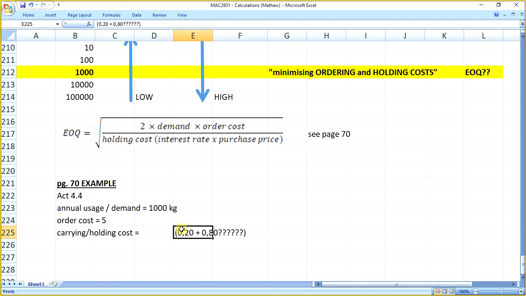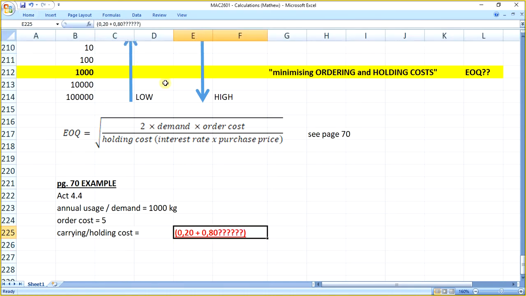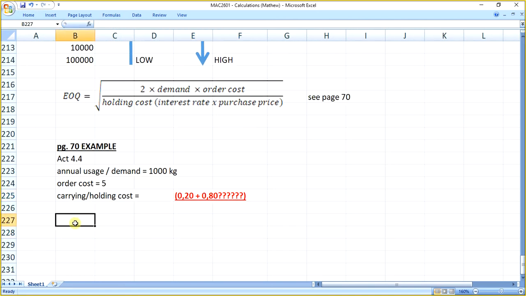You're not adding the 80 cents. The 80 cents is the desired return on investment. The desired return on investment isn't part of the holding or carrying cost. Does that make sense? Yes. So I would correct this. I don't quite agree with this particular example. From what they've said, rent for the warehouse is 1 rand per unit.